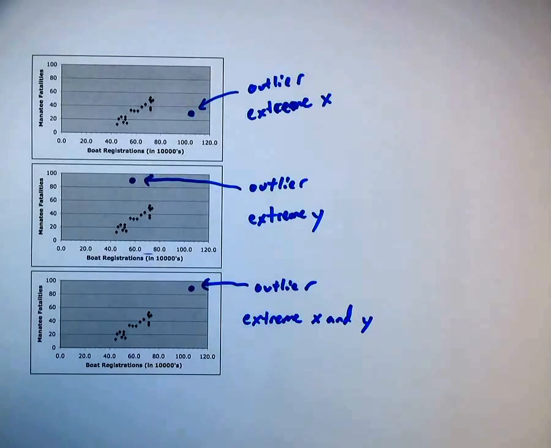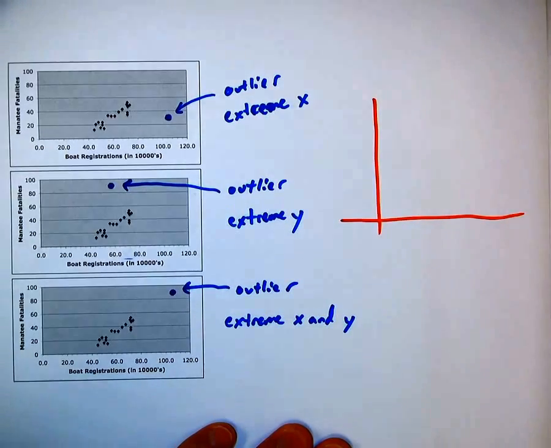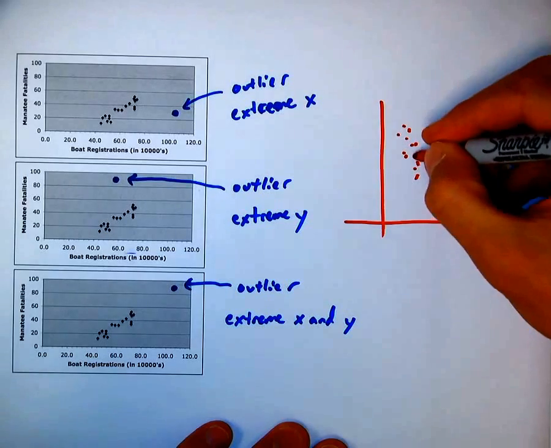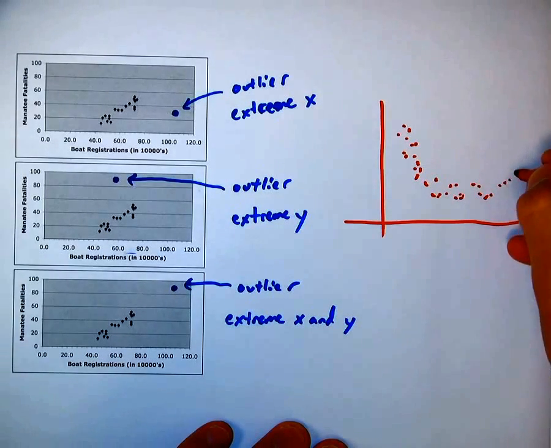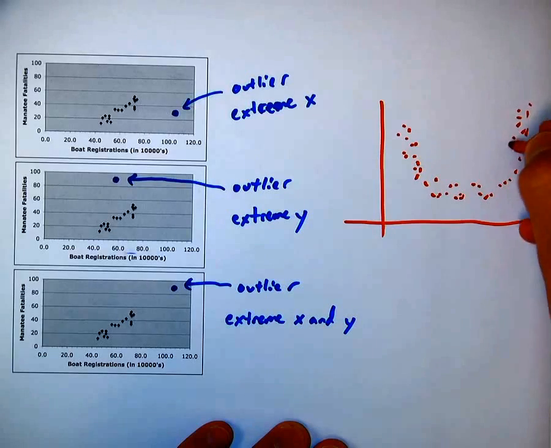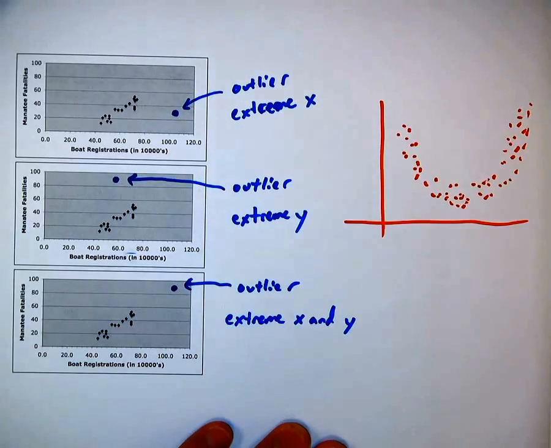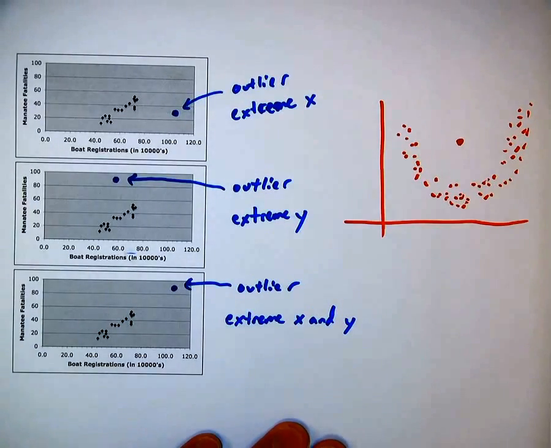Now the third kind of type of outlier that you'll see is if it's not an extreme value, but it's just way outside of the trend. So we'll take a look at another example here. Let's say that your cluster of points, or your scatter plot, looks something like this. High number of points, kind of in that parabolic shape, and you have a point right there, well outside that trend of data.